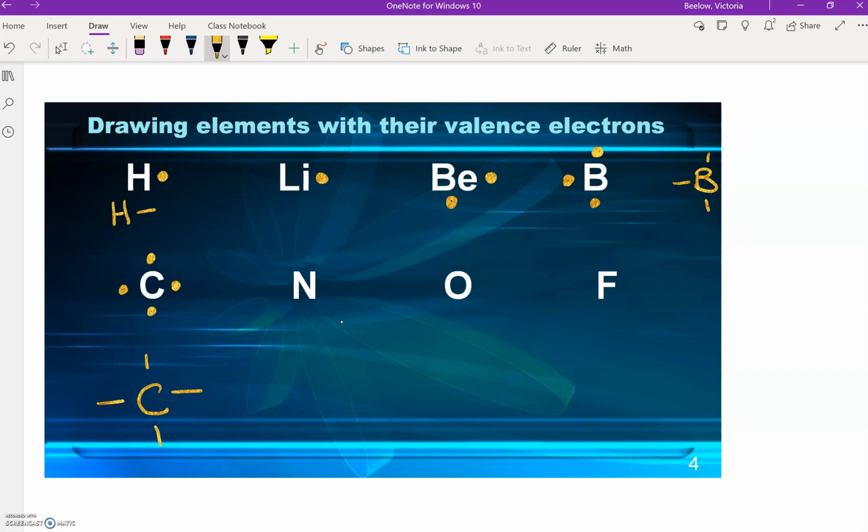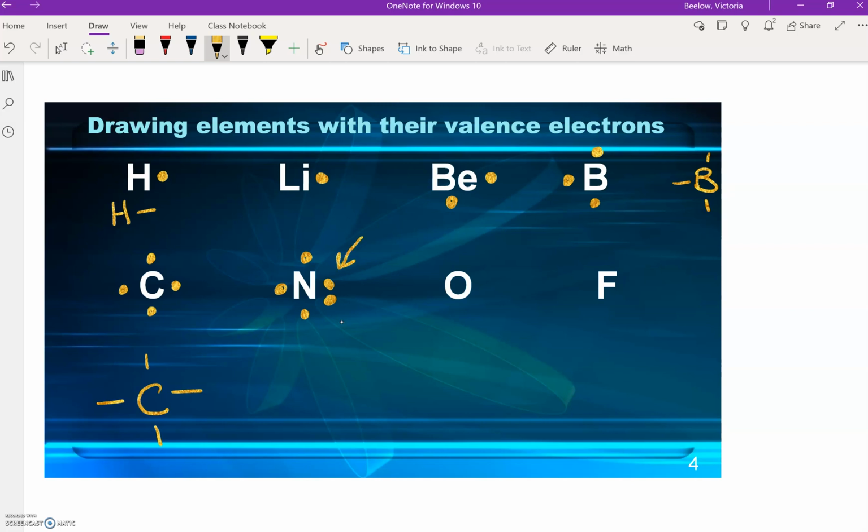Next, we have nitrogen. This is where we're going to start seeing those lone pairs, and we're going to start seeing this rule that I've been talking about take place. So nitrogen is in group 15, so it has 5 valence electrons. So when I draw those, again, I have to do 1 on each side before pairing them up. So I would do 1, 2, 3, 4, and now I can start pairing them up, okay?